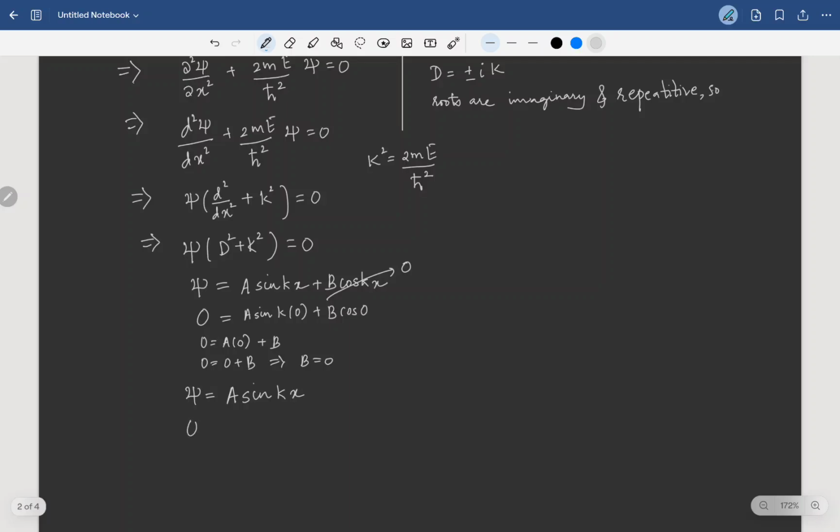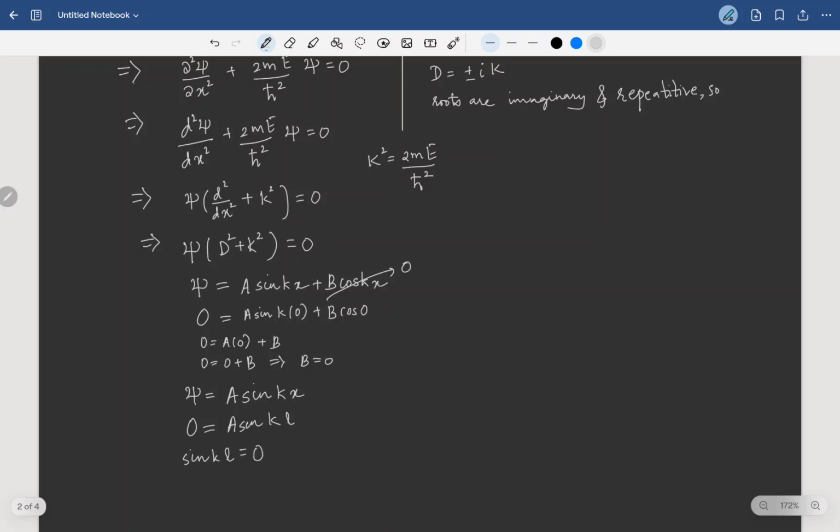Psi is equal to 0 at x is equal to L, so A into sine k into L. It's a must for A to take a value, so A cannot be 0. Therefore sin KL should be 0.